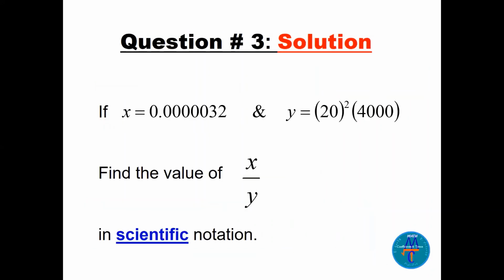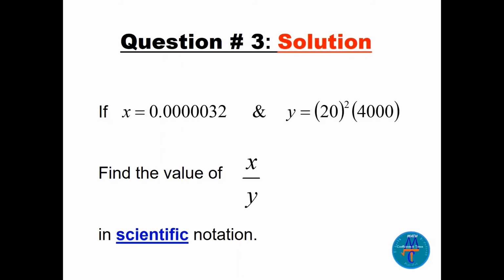Now the last one is about scientific notation. Nice question. I gave you here the value of the x, 0.0000032. I give you y, 20 squared times 4,000. That's y. Now what do I need? Find the value of x over y in scientific notation.